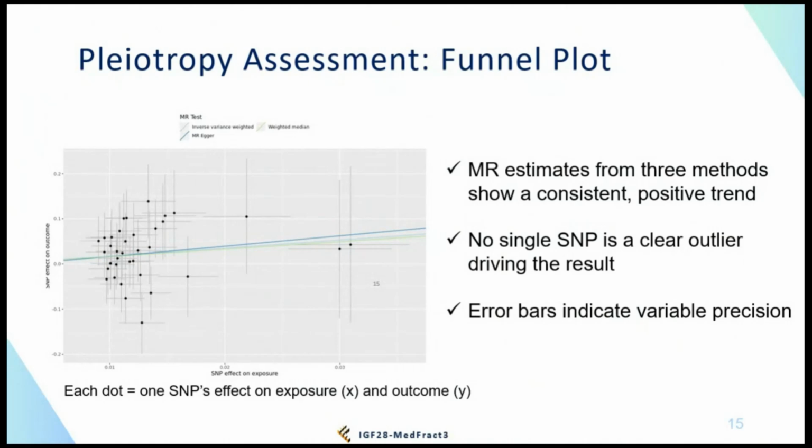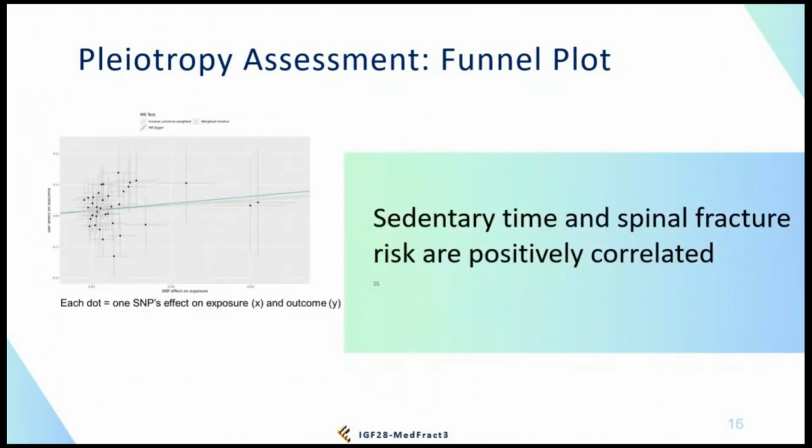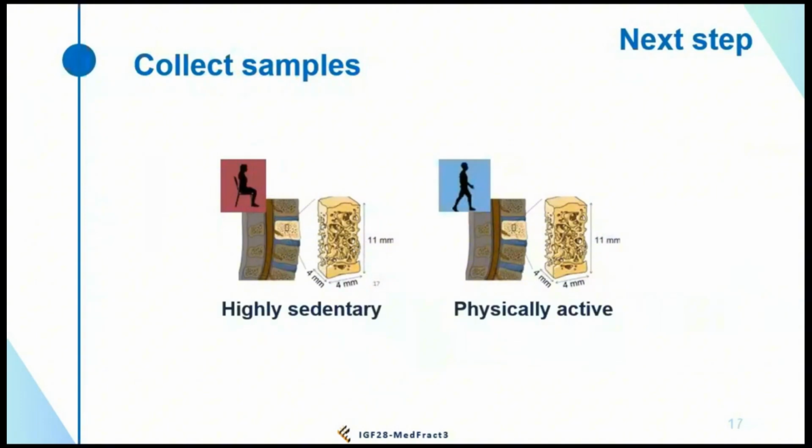So these three methods show a consistent and positive trend, and it should be emphasized that no single SNP is a clear outlier that's driving the result. So here we can finally draw a conclusion that sedentary time and the spinal fracture risk are positively correlated.